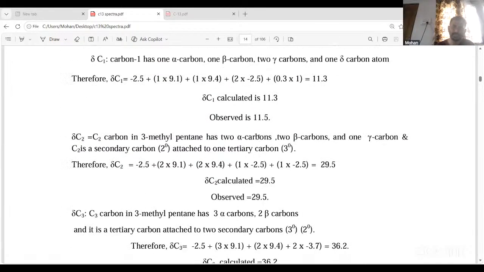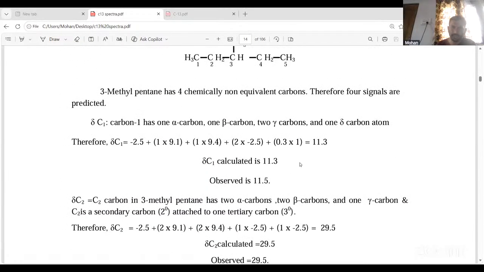okay. Right. So here, upon addition of all these values, we got 11.3, right? So the calculated value is 11.3, and the observed value, this is the experimental value, is 11.5, right?